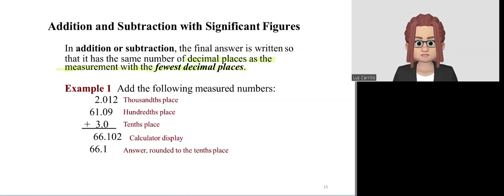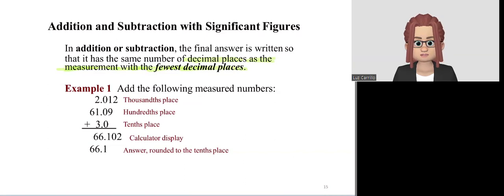Let me highlight that. The reason why we do this is that, remember, measured numbers are attached to the resolution of the instruments that we are utilizing. Technically, we usually attach resolution with the number of digits that we can observe. So when we are adding measurements from different instruments, the final answer is going to show the measurement that had the least resolution.